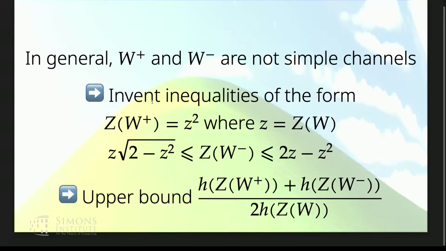But now this one is h of something that lives between 2z minus z squared and z times the square root of 2 minus z squared. Okay, so now you are optimizing this quotient by finding a function that minimizes the supremum of this quotient over a space where the argument on the right-hand side is in an interval.